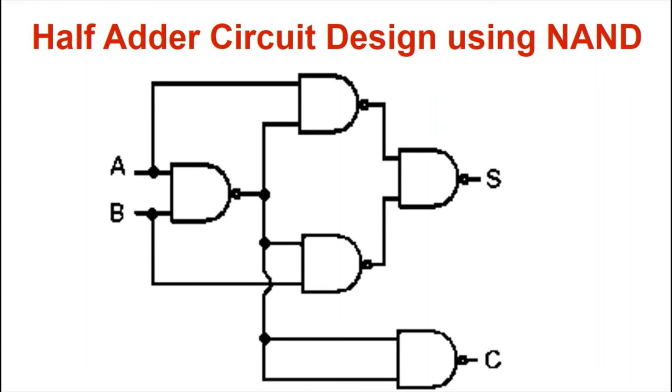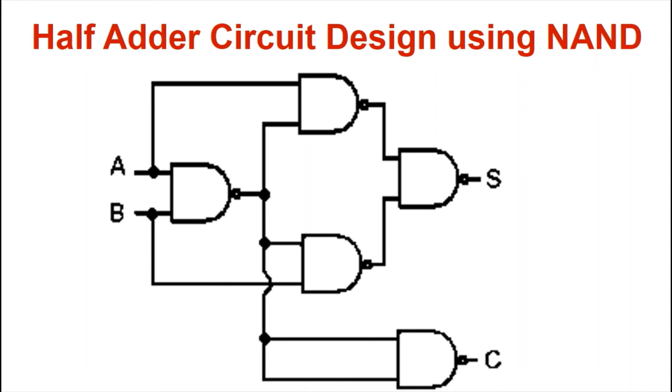This is a typical circuit design for the half adder, where we have taken five different NAND gates. Then we will see whether this particular circuit will work or not for the implementation of the half adder. Similarly, you have to make sure that there will be only two inputs and two outputs, and that will be the behavior of the half adder.